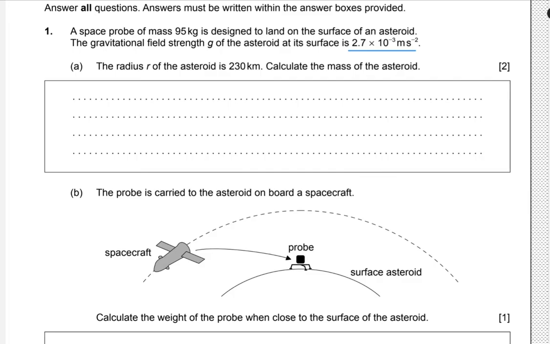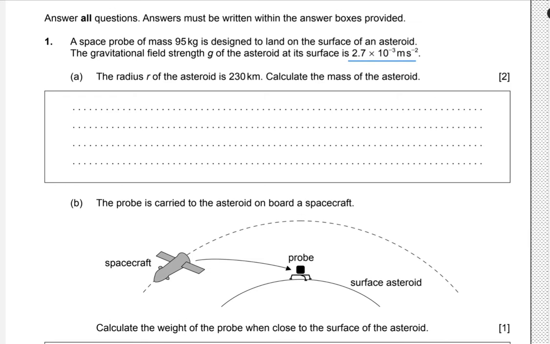So in the first question we are told to calculate the mass of the asteroid. We're given the radius of the asteroid. So here we simply need to apply the formula that we can find in the data booklet, and g is equal to the gravitational constant times m divided by the radius squared. We can rearrange this for the mass.